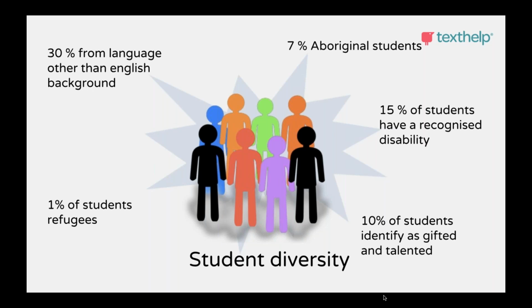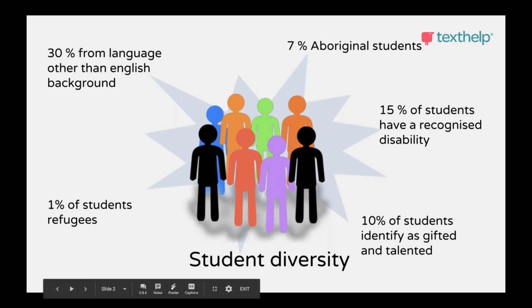We have students who are refugees, and one of the things that really became clear in the role that I was working in is that our students aren't in silos. Often you have students who may have a recognised disability but also come from a language background other than English, and that can really create complexity in terms of supporting them and making sure that they have the tools that they need.